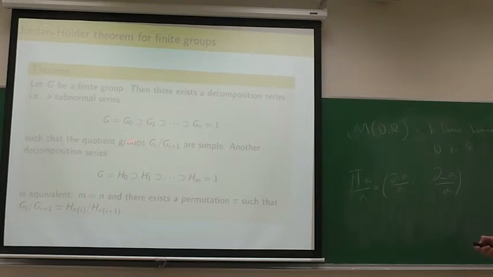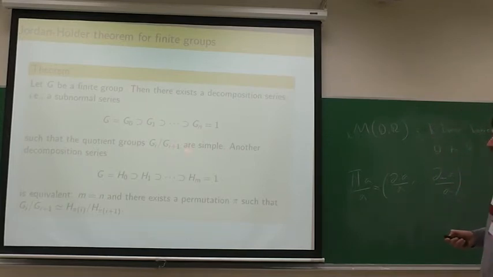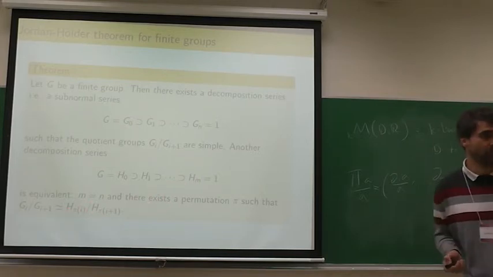It is a subnormal series, meaning that each group is normal in the preceding one, and the quotients are simple. And if you have another such decomposition series, then these two series are equivalent in the sense that they have the same length, and the quotient groups are isomorphic up to a permutation.